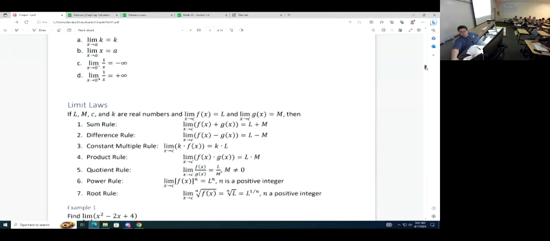First off, you've got a bunch of formulas to write down. This is just how do we compute limits fast? If we have a specific thing, how do we find the answer fast? So if f of x equals k, where k is just some number, that means k is a constant number, then the limit is just that number.